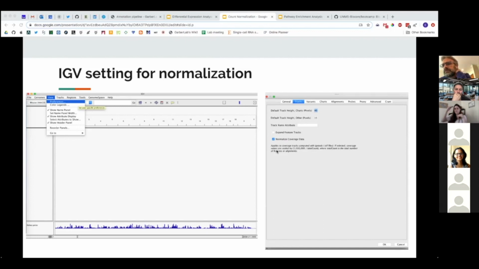So when you want to, for example, load multiple samples and see if you have different coverages, so you have higher expression of one gene, you'll see higher coverage for that gene. You should still account for the library depth, and this will do that for you. It's only a one-time setting, and you never have to do it again. So do it now, and remember to do it if you download IGV in the future.